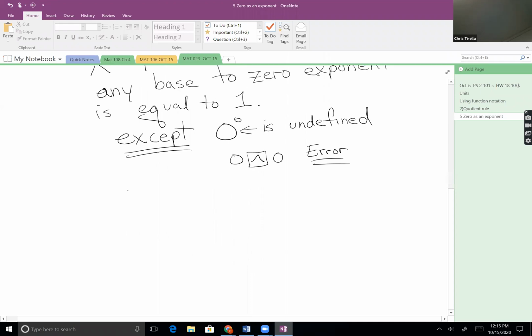So if I have negative 2,387,941 to the 0 power, as long as my base is not 0, this is going to equal 1. If I have, with parentheses, negative 3 to the 0 power, that will equal 1.